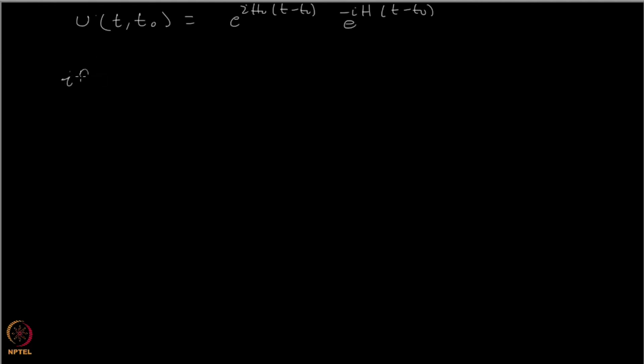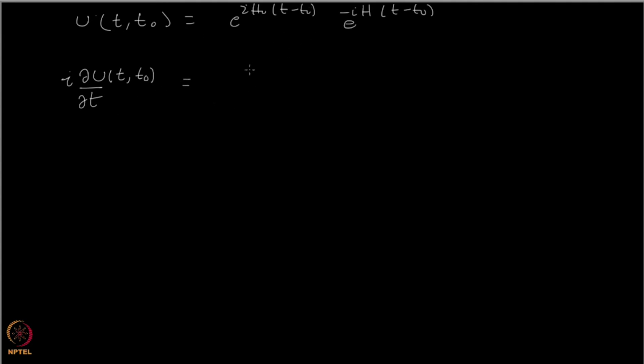Let's multiply with i and take a derivative of U with respect to time t. I am putting a partial derivative because U is a function of both t and t naught, and I am taking a derivative with respect to t only.